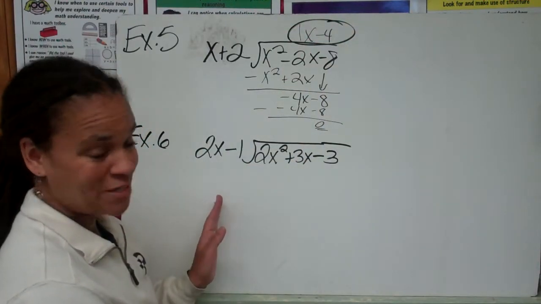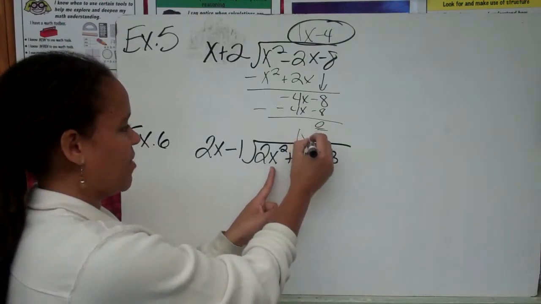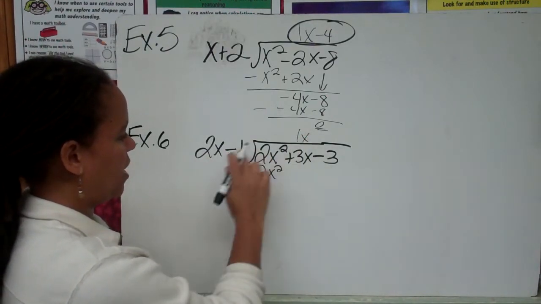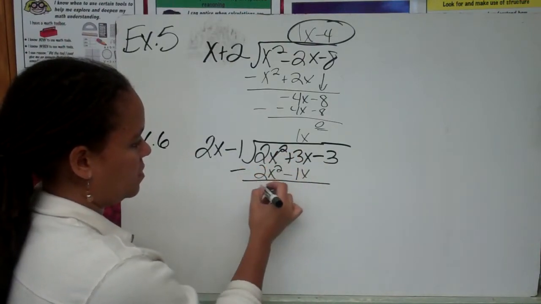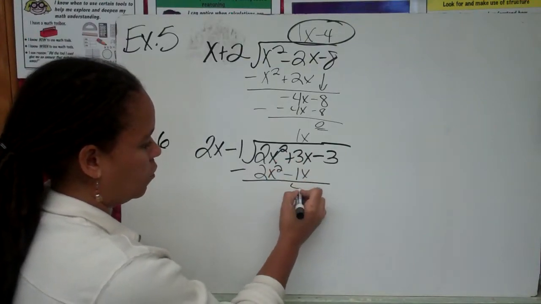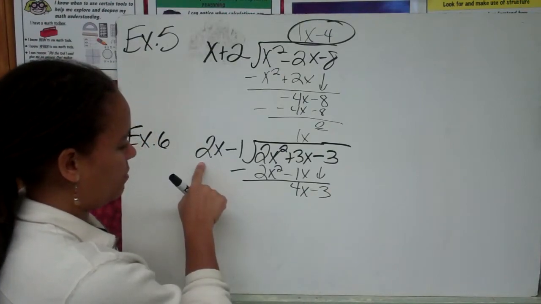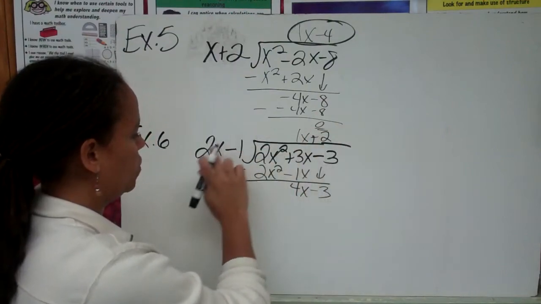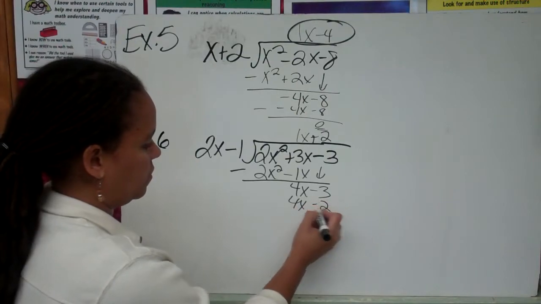Last one for today. What do I have to multiply 2x by to get 2x squared? Again, 1x. 1x times 2x is 2x squared. 1x times negative 1 is minus 1x. Subtract. 3 minus negative 1 is 3 plus 1, which is 4x. Bring down your negative 3. What do I have to multiply 2x by to get 4x? 2. 2 times 2x is 4x. 2 times negative 1 is negative 2.